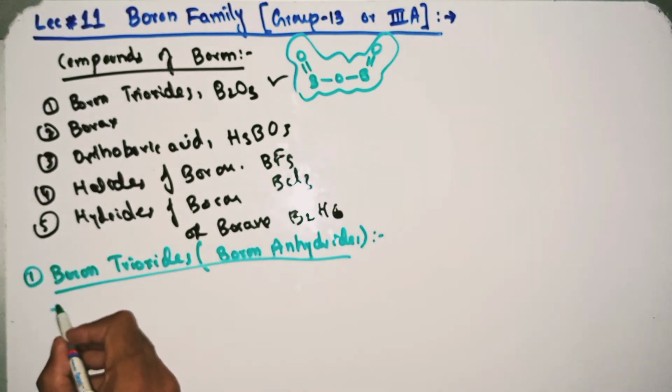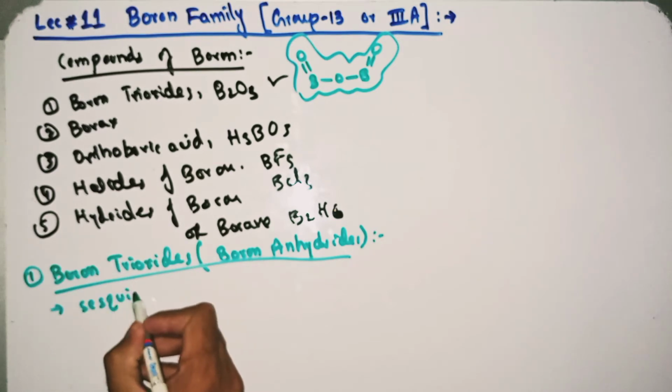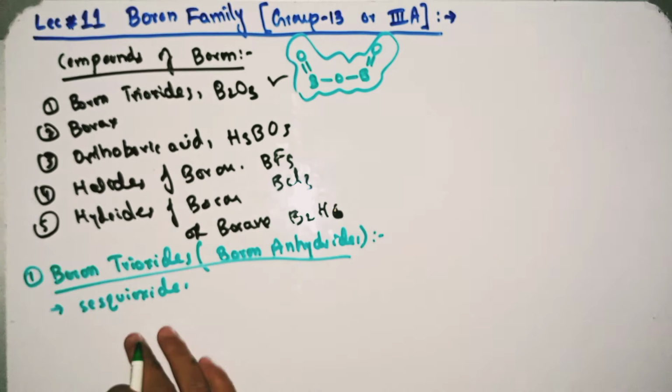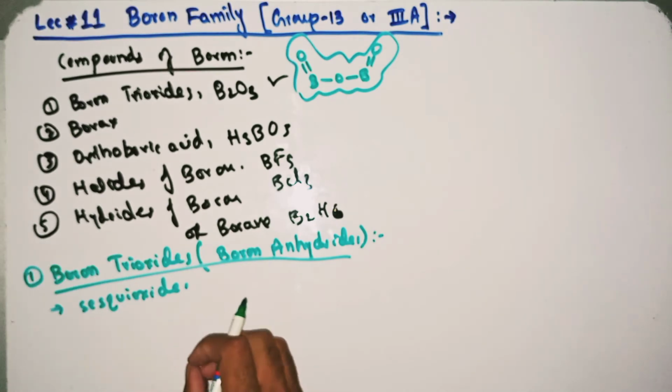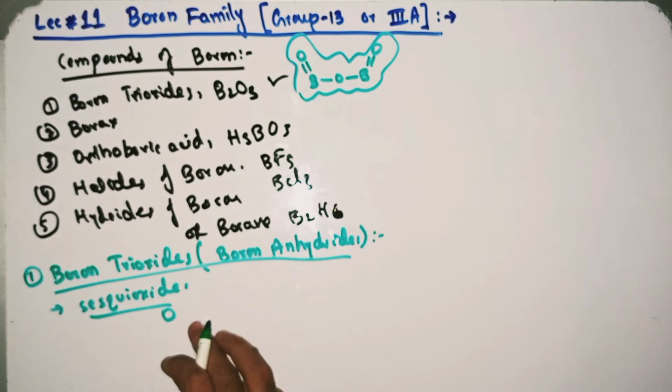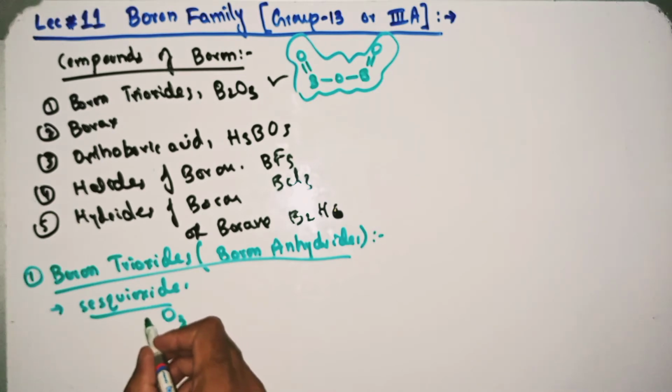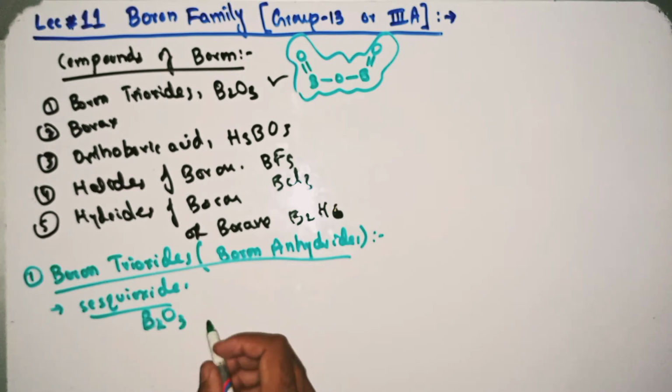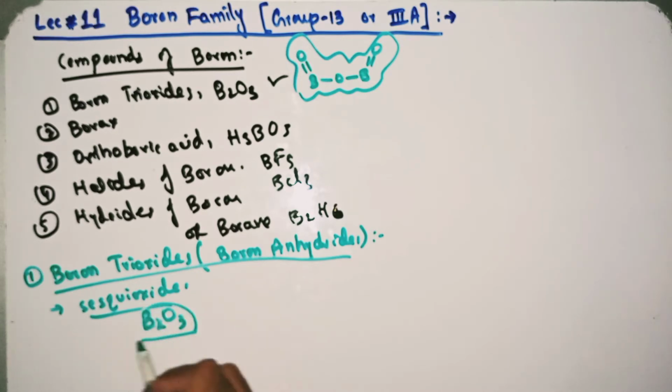It is also called a sesquioxide. A sesquioxide is an oxide containing 3 atoms of oxygen bonded with 2 atoms of another element.